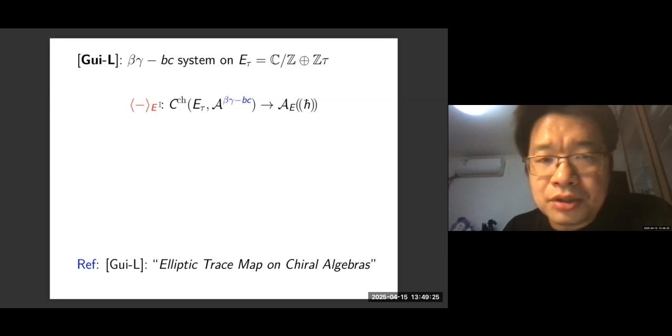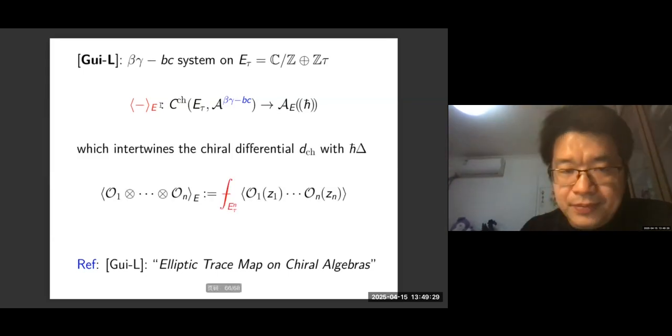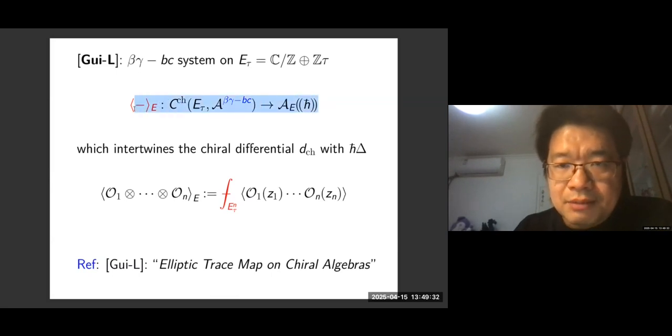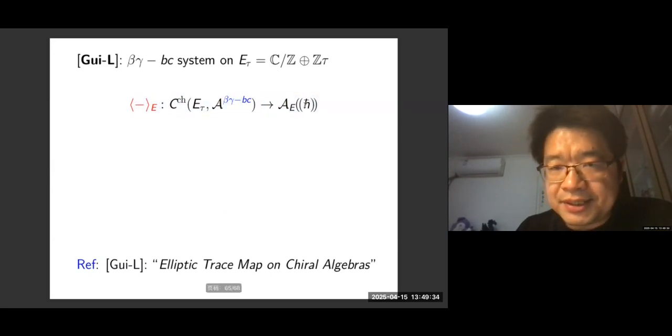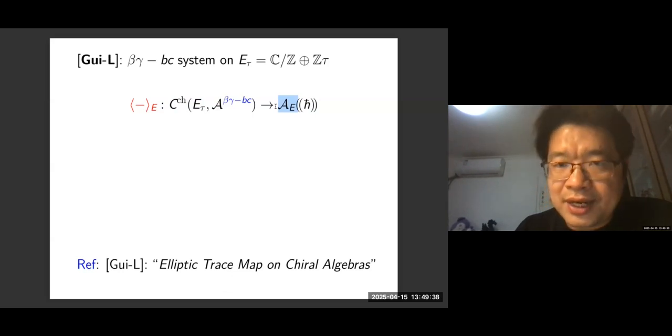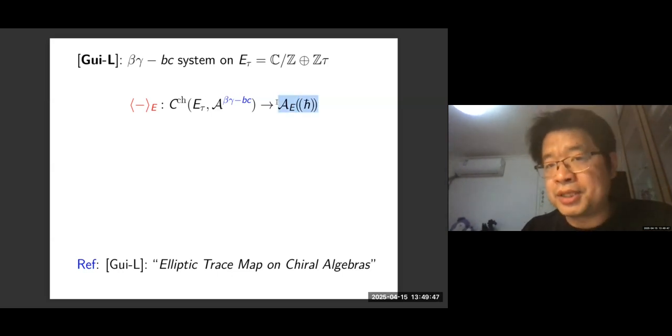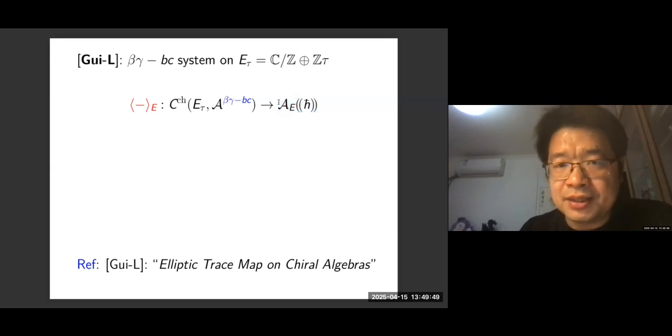It's not quite topological; it's a chiral version. And then you can show this map. By the way, I didn't explain the right-hand side: it's a particular algebra that you can write down explicitly, basically the so-called algebra of zero modes. It turns out to be a finite-dimensional BV algebra.